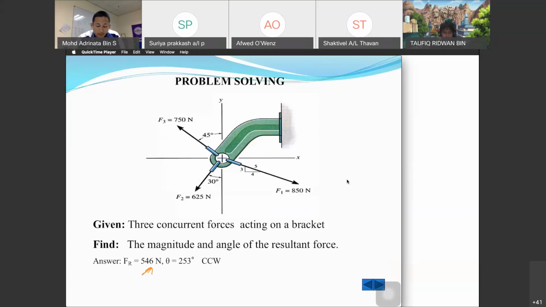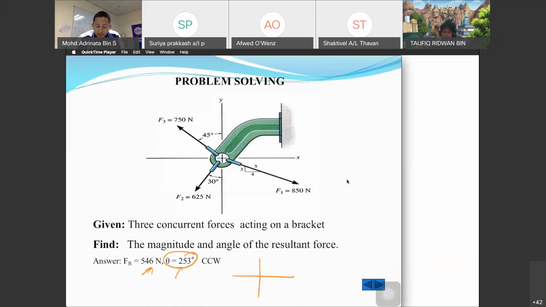Okay, theta. For theta you need to be very careful. Theta is 253. It should be in the third quadrant.